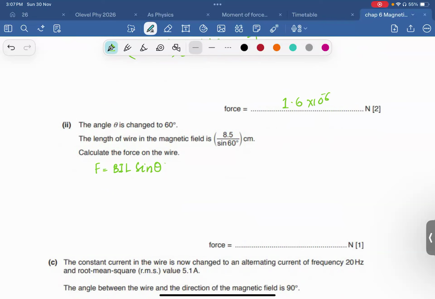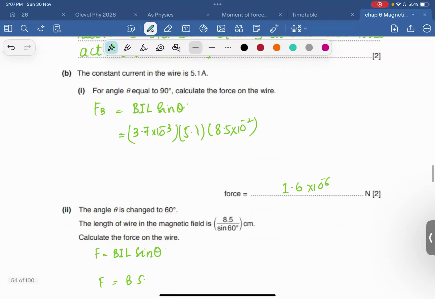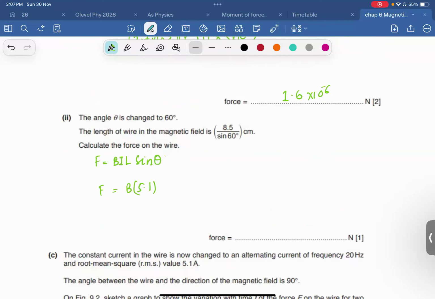The magnetic field is the same, I is also the same, the angle has changed, and the length of the wire is given. So F equals B, I is the same 5.1, and L is 8.5 over sine 60.